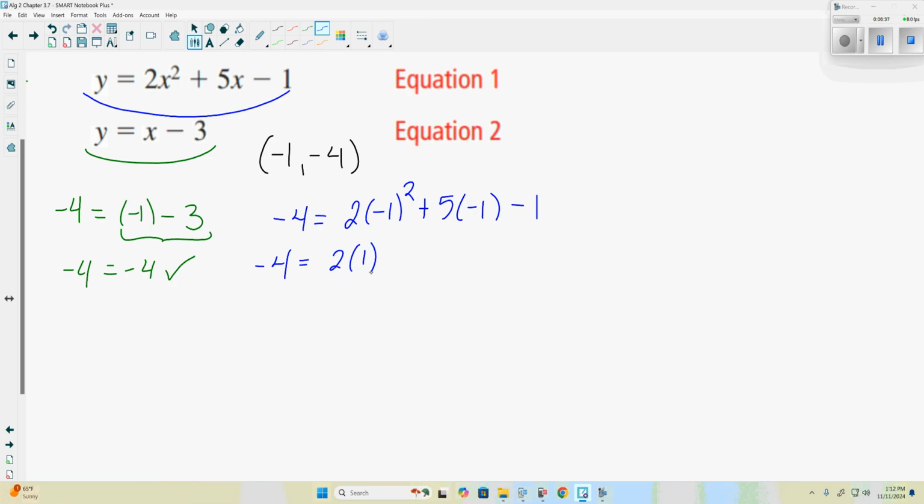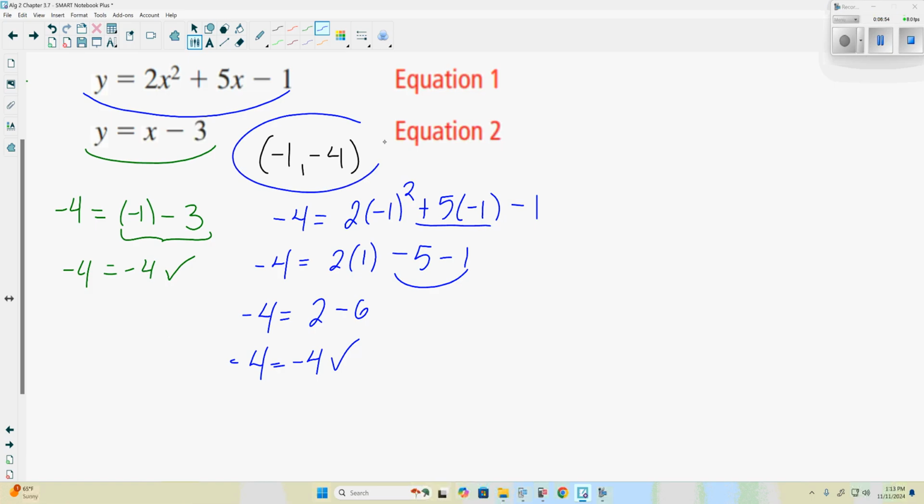Well, -1 squared is going to be 1. 5 times -1 is -5, minus 1. 2 times 1 is 2. -5 minus 1 is -6. And 2 minus 6 is indeed -4. So the point -1, -4 is the point of intersection, and it's the point that makes both equations true.